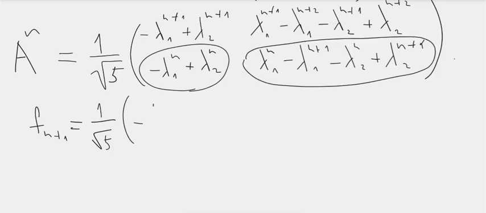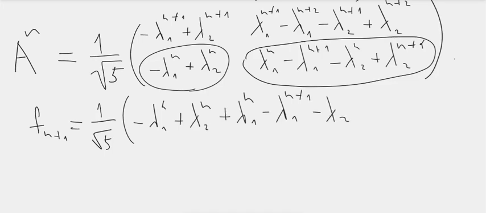So it will be minus lambda 1 to the power n plus lambda 2 to the power n plus lambda 1 to the power n minus lambda 1 to the power n plus 1 minus lambda 2 to the power n plus lambda 2 to the power n plus 1. Okay. And here we see that, so let me write it more carefully.